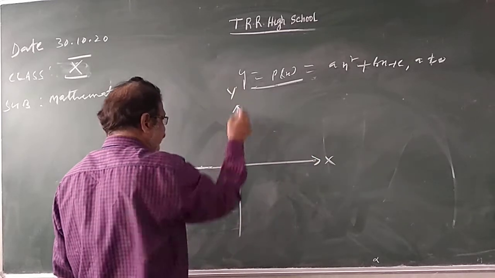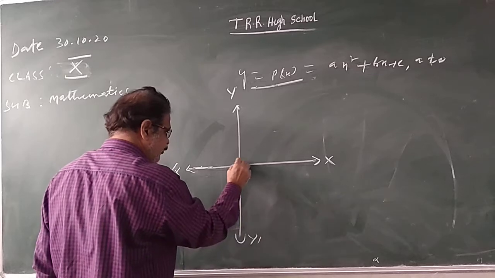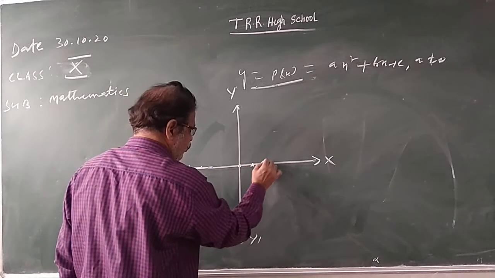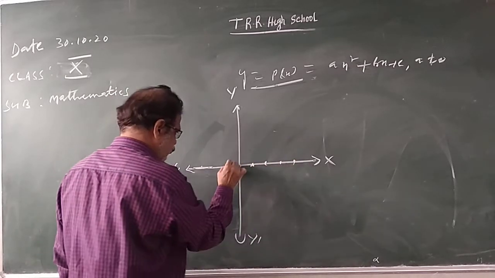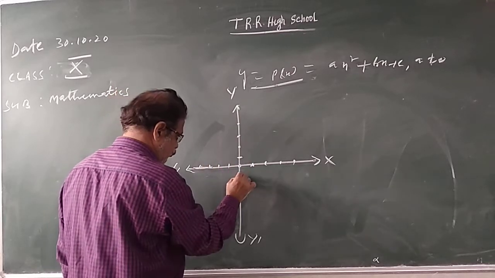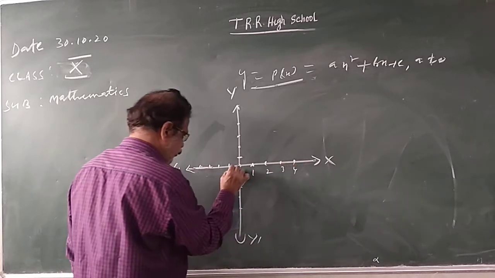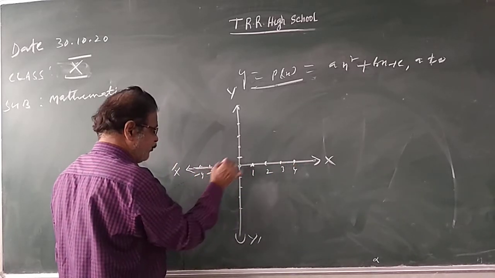Yesterday we learned this. X-axis, y-axis, x dash, y dash. This is 0. Marking 1, 2, 3, 4 on each side, and minus 1, minus 2, minus 3, minus 4.